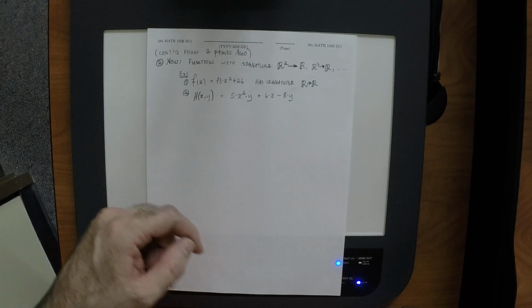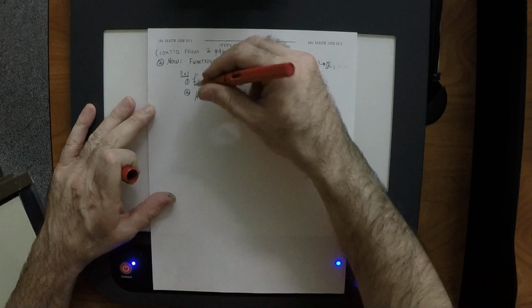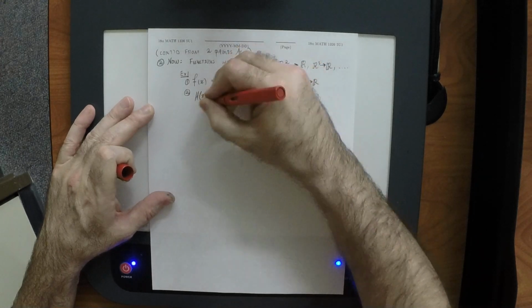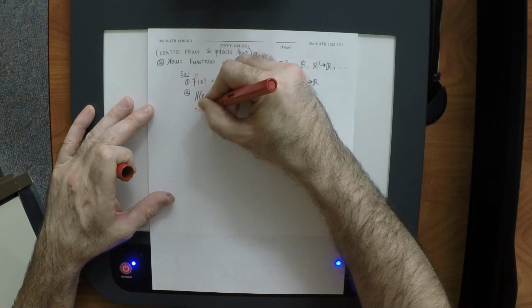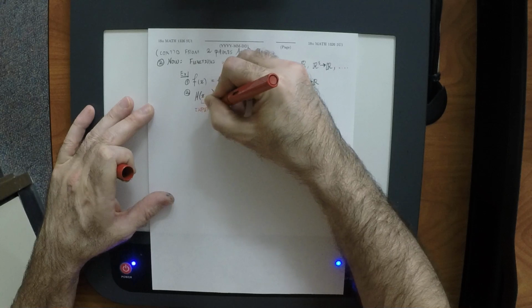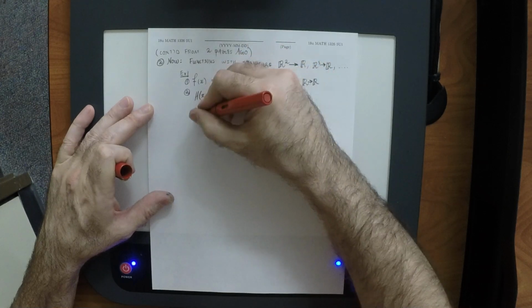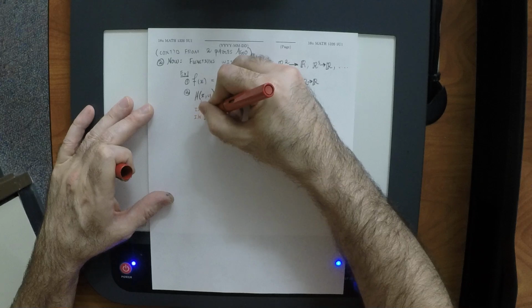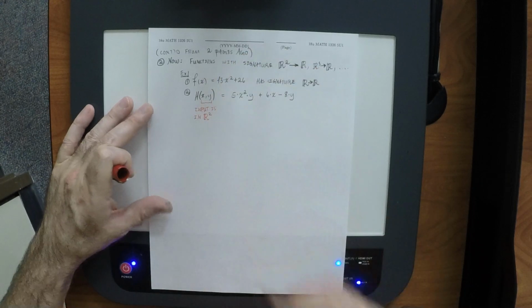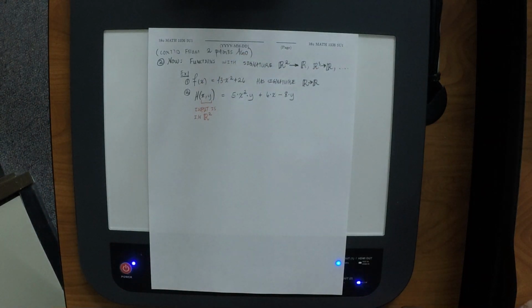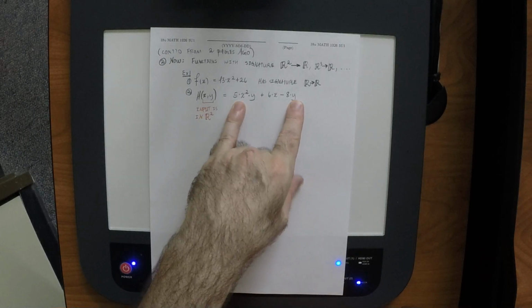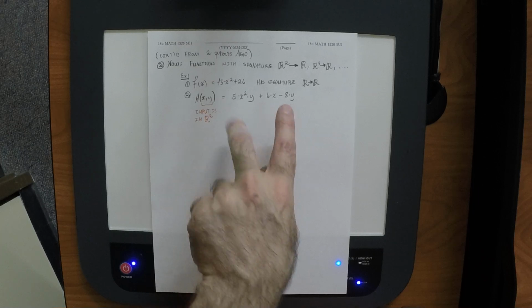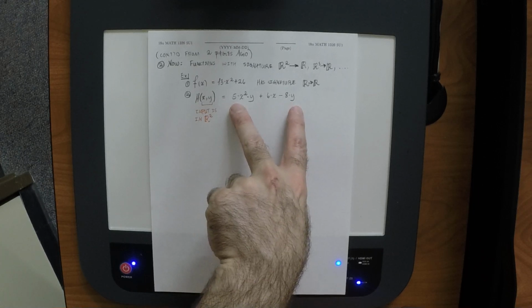What I want you to observe is that this input is in R2. All that means is that there are two real inputs. X is a real and y is a real. Now look at what we're doing with the x and the y.